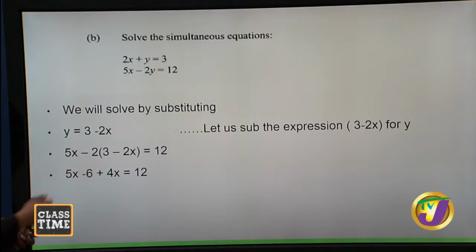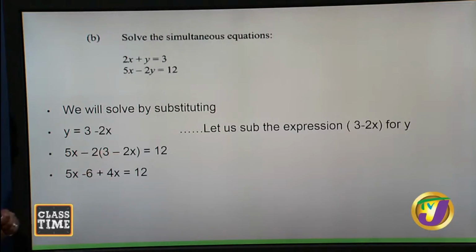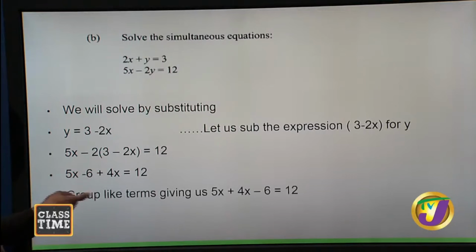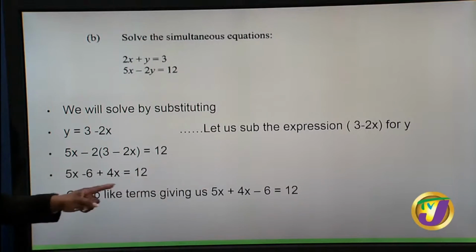And I can now use the law of distribution to remove those brackets. Negative 2 multiplied by 3 gives me negative 6. Negative 2 multiplied by 2x gives me positive 4x. So now I would want to group like terms, giving me 5x plus 4x subtract 6 equal 12.